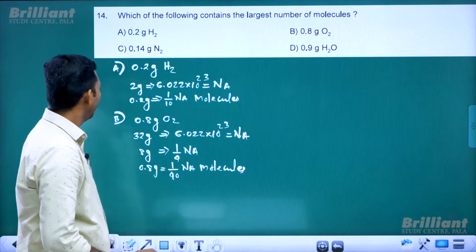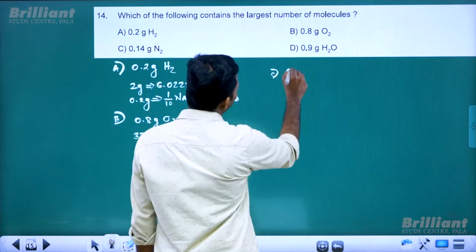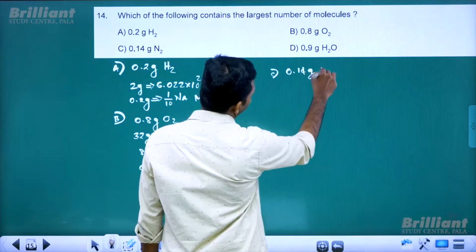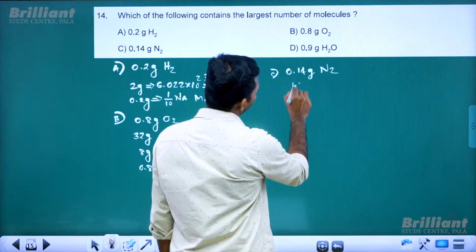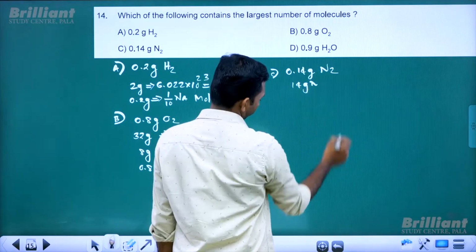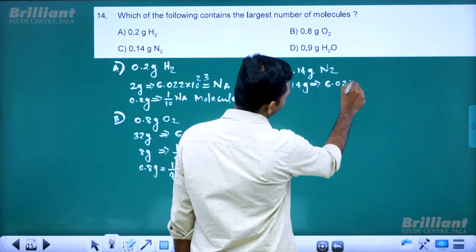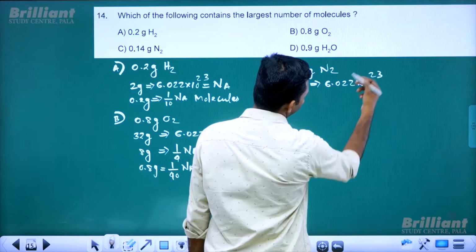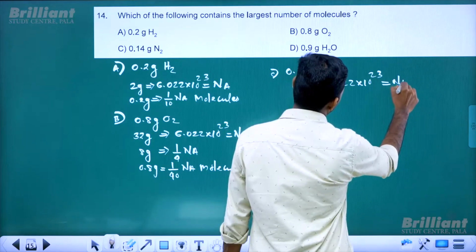Next option C. Okay, what about option C? 0.14 gram N2. We know that 14 gram corresponds to 6.022 into 10 raised to 23 nitrogen molecules, that is equal to Na molecules, right?